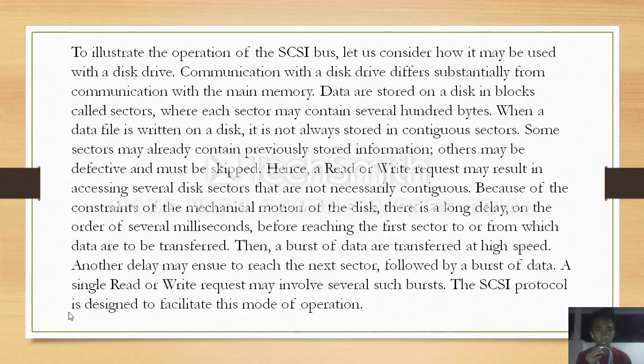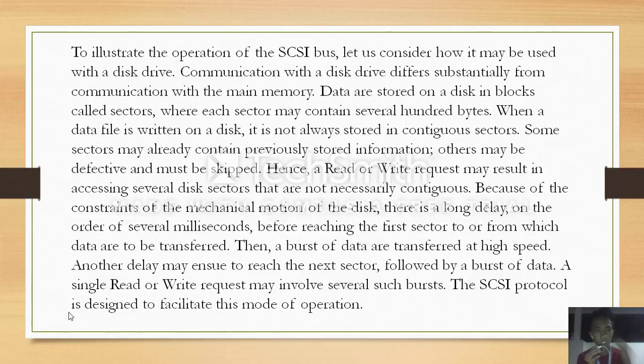To illustrate the operation of the SCSI bus, let us consider how it may be used with a disk drive. Communication with a disk drive differs substantially from communication with the main memory. Data are stored in a disk in blocks called sectors, where each sector may contain several hundred bytes.